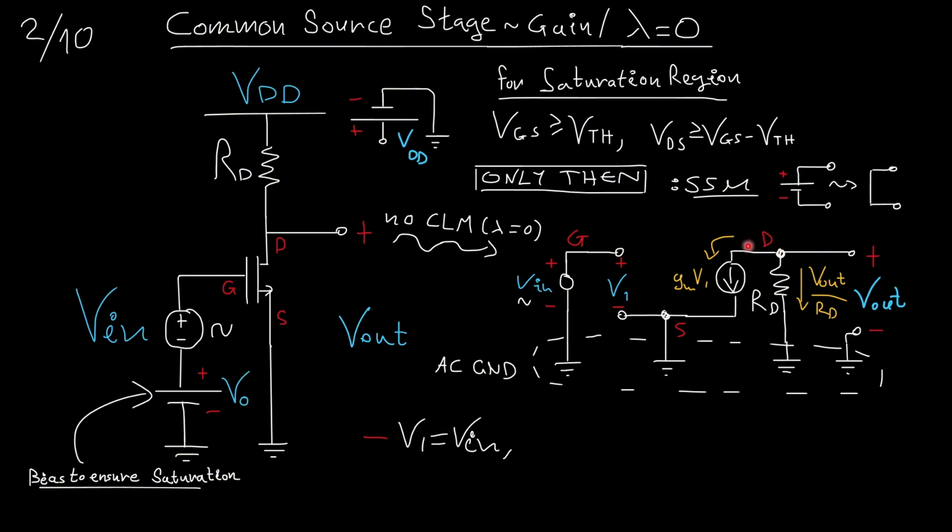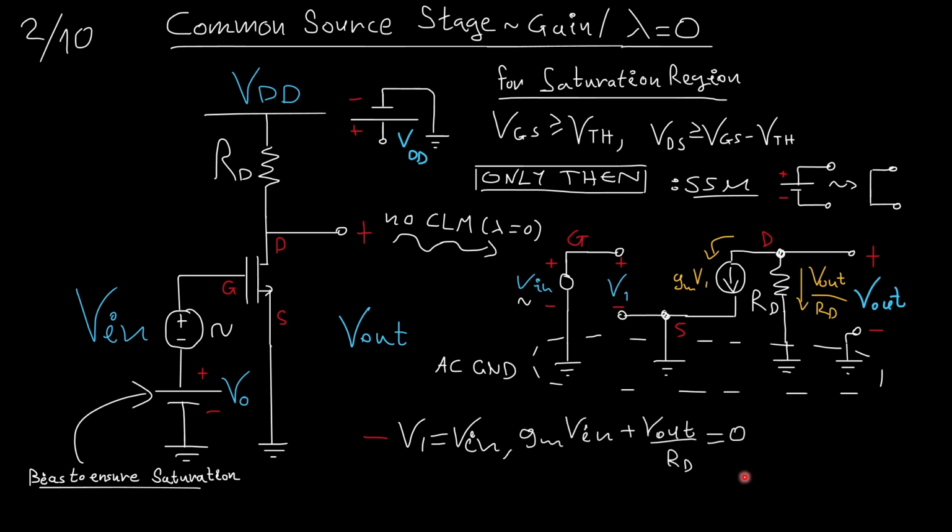Also, this current here must also flow from here to here, because it can't really flow to the output. This voltage difference is Vout, so the current must be Vout over RD. Careful with the polarities here. That's why I drew the arrow from here to here, not the other way around, because we measure the voltage Vout from here to here.